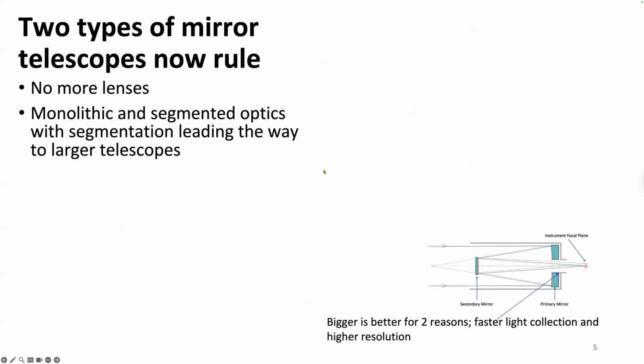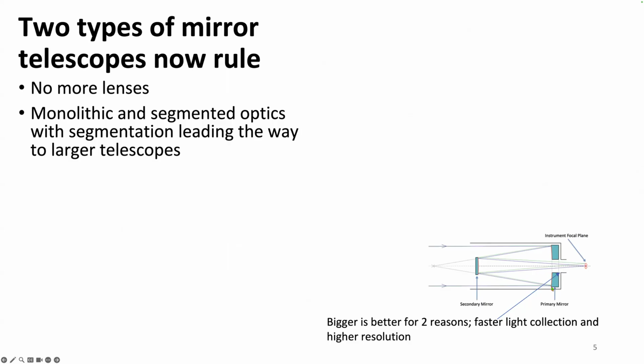So when I keep talking about mirrors, how does this work? Here's an example. Here's starlight coming in from the left, hits a big mirror. And ironically, the mirror has a hole in the middle. But that's necessary, and you'll see why in a second. Light from this annulus goes to a secondary mirror, and that red line there, and the red lines you can barely see there and there, that's all you really need.